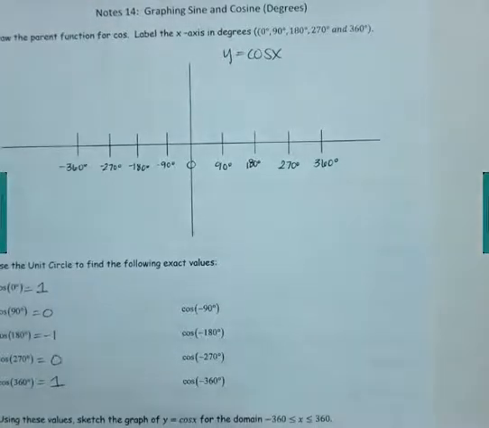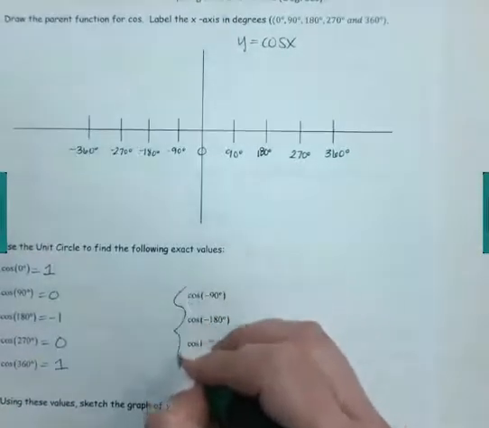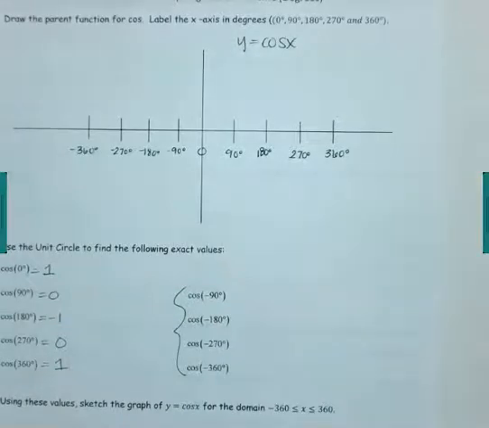Okay, now I need you to type in this side. Write those 4 down. Then write those 4 down, and then we're going to do a graph in a second.